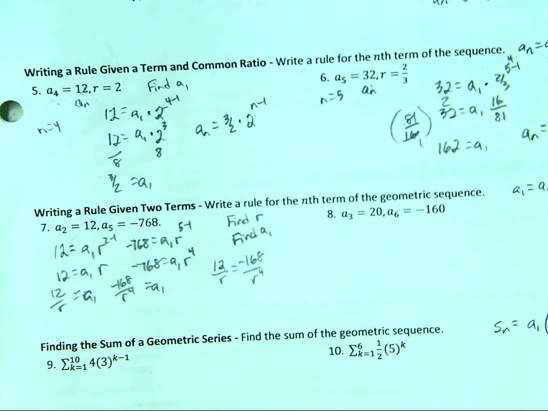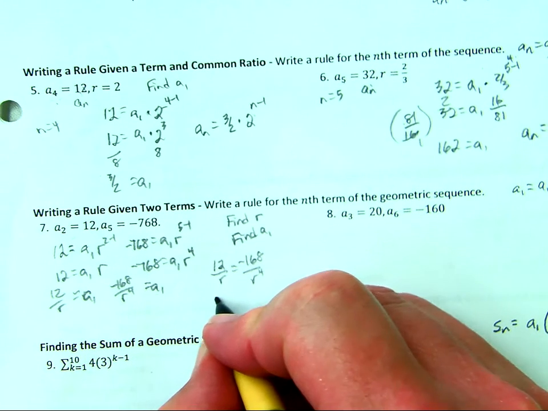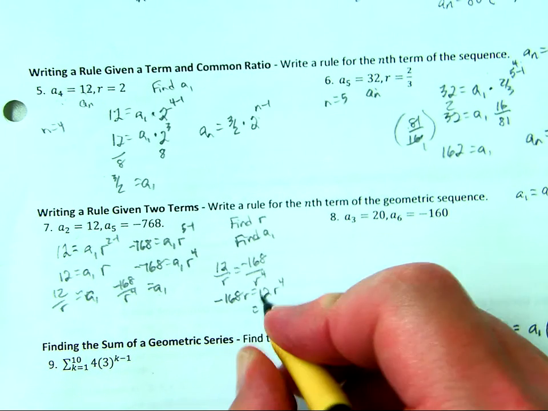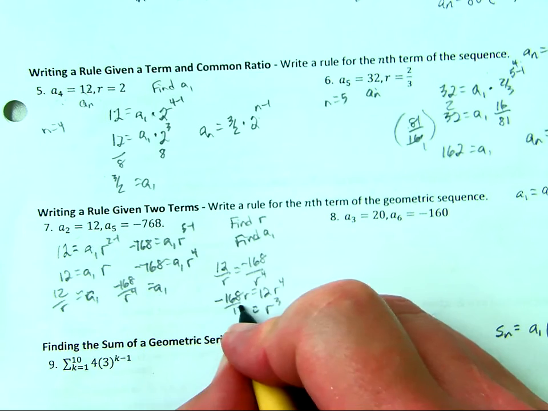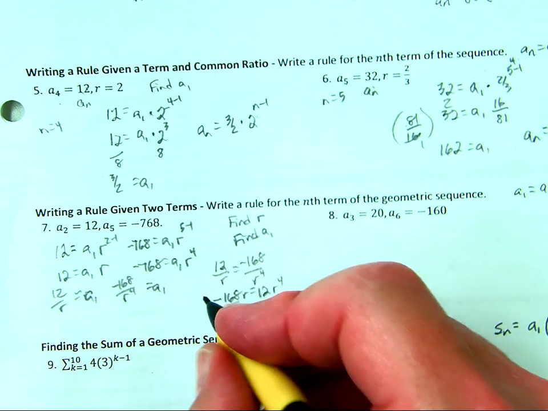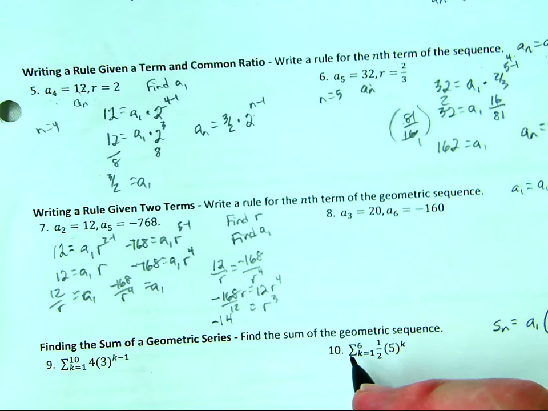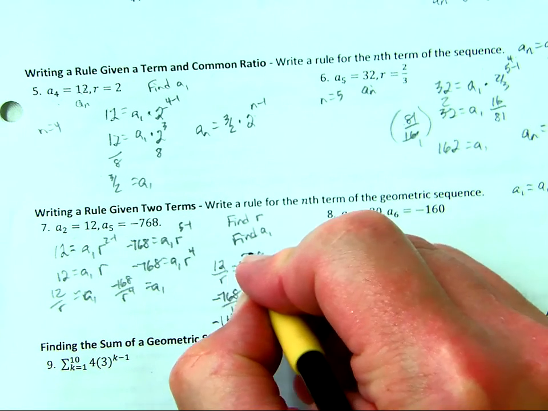Well, now if we set those equal to each other, we have negative 768r equals 12r to the fourth. So if we divide by r, that's r to the third, and we divide by 12, 12 goes into negative 768... Sorry, I can't read my own writing.